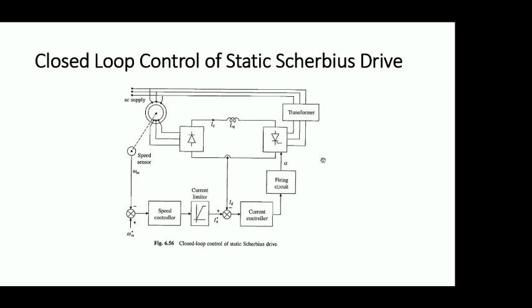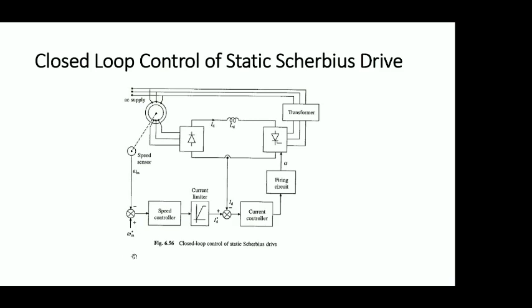Closed loop control is mainly intended to control the drive internally with some parameter input. Like if you want to control the speed, you give omega m star, that is your parametric or reference input.